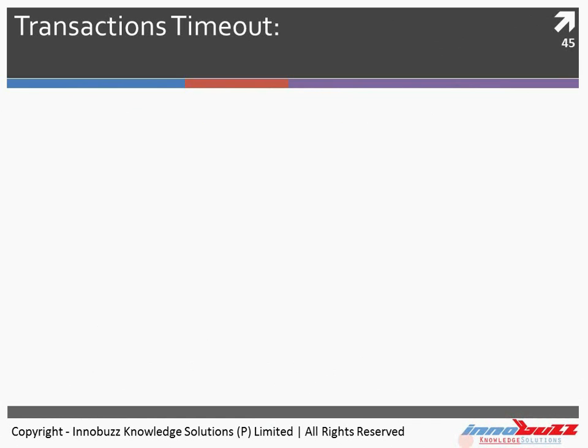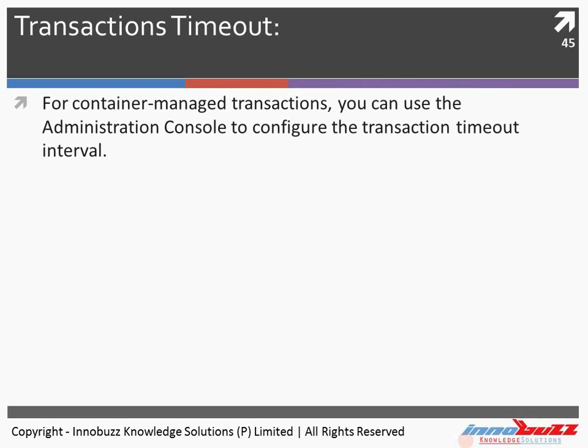And finally, we have the transaction timeout, which says that for any container managed transaction, you can use the administration console to configure the transaction timeout interval. If it is a container managed transaction, there is an admin console which is present in every application server.